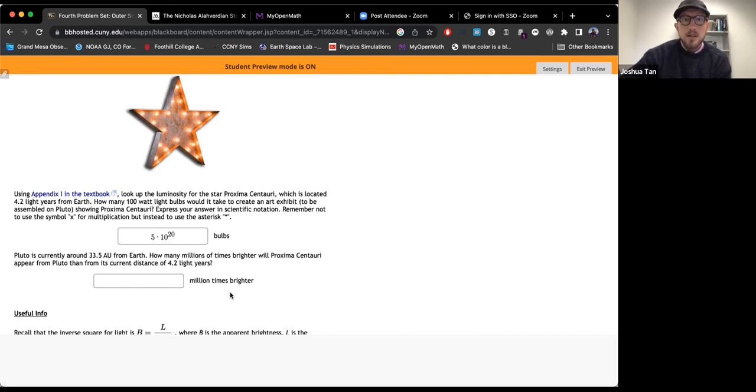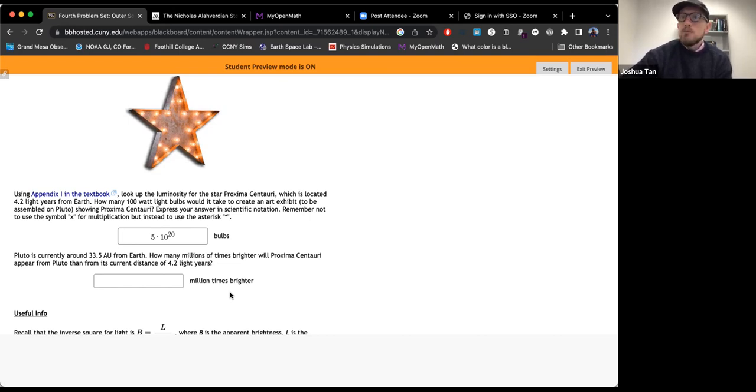So I have 4.2 light years here and 33.5 AU. I can divide those two distances by each other, making sure that they talk to each other in the correct way. They need to be in the same distance units to compare them. And once I do that, then I'll have a factor of the difference in the distance, a multiplying factor or a dividing factor.